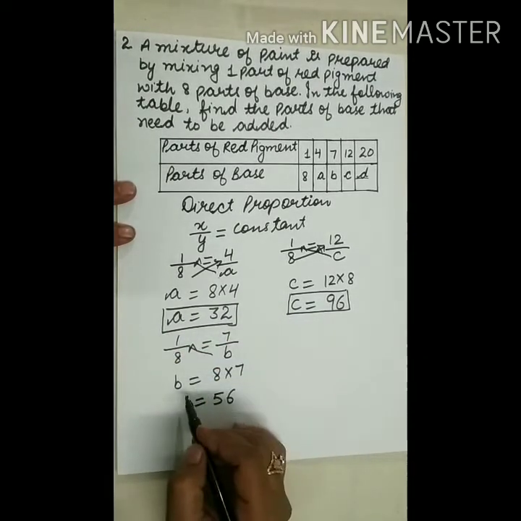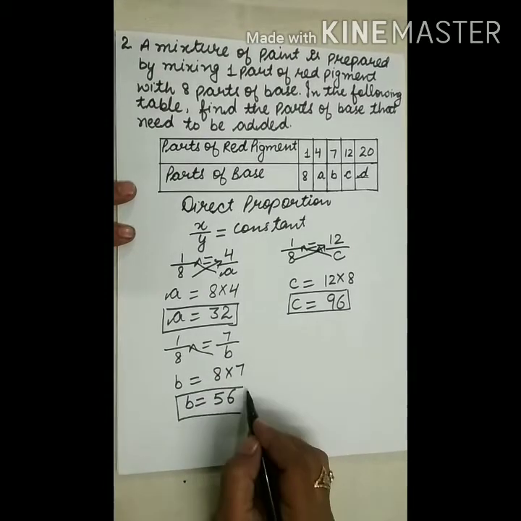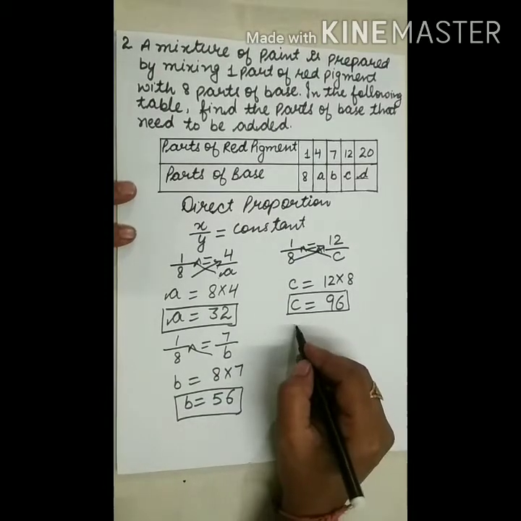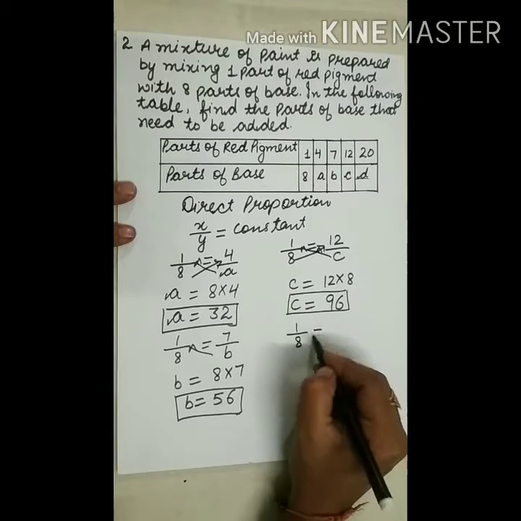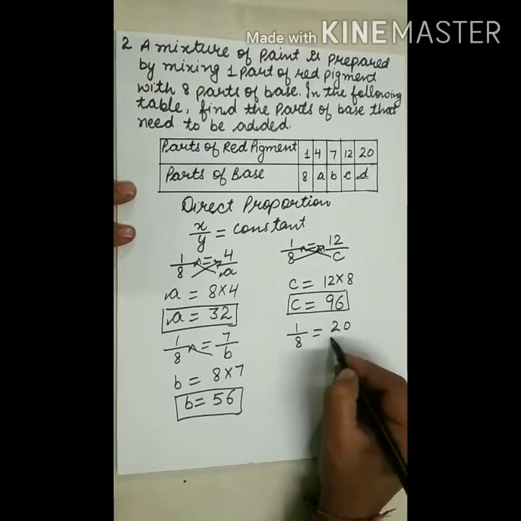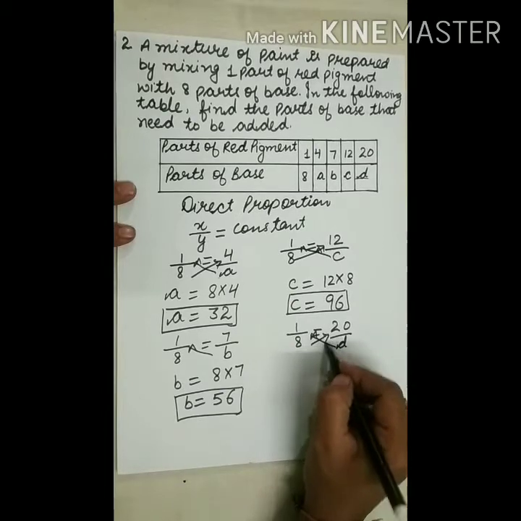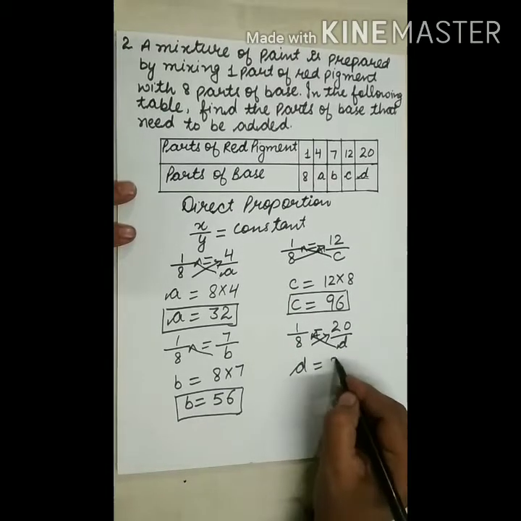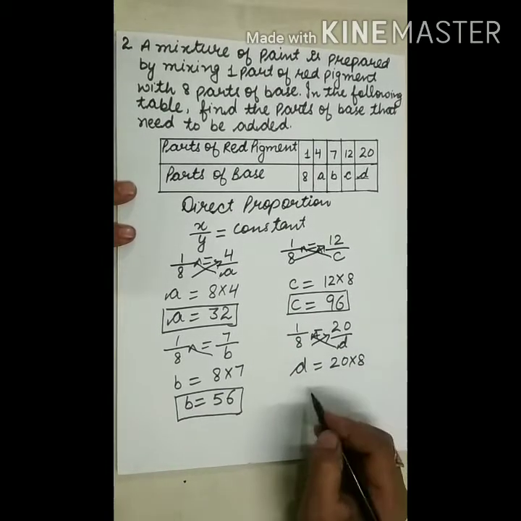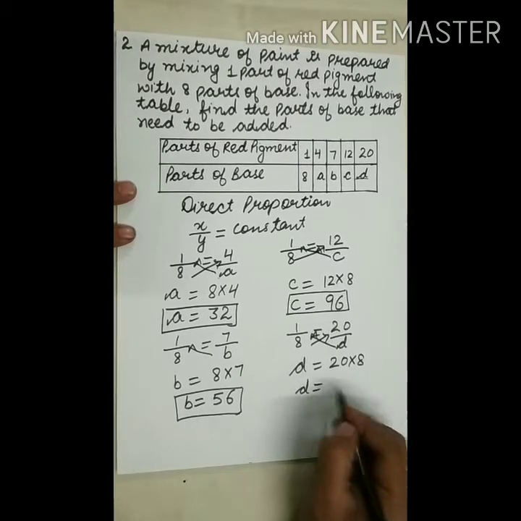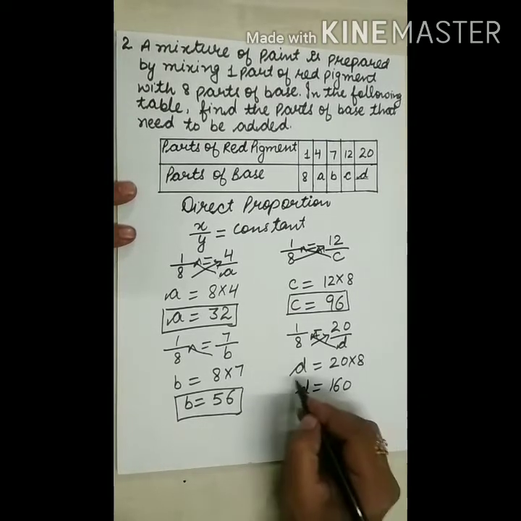Now similarly we will find out the value of d. It can be written as 1 by 8 is equal to 20 upon d. That is, d multiplied by 1 is d, and 20 multiplied by 8 gives d equal to 160.